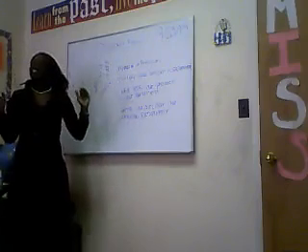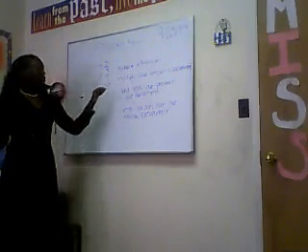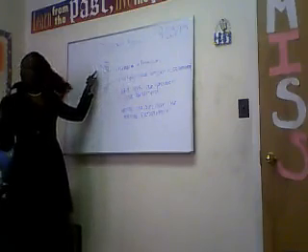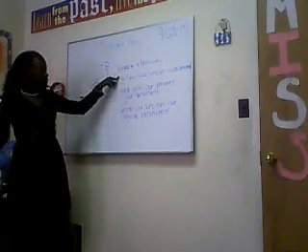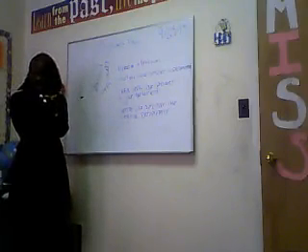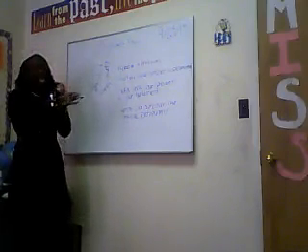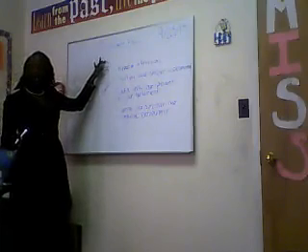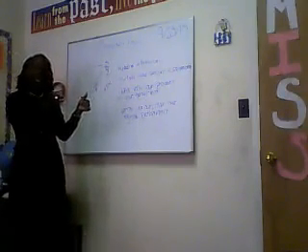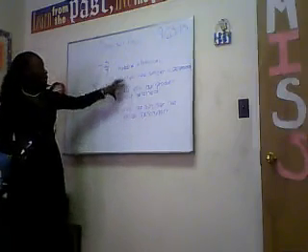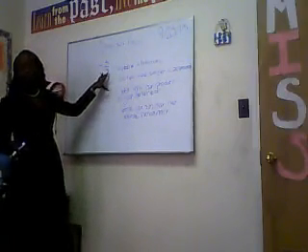If you want to turn a mixed number into a fraction, you multiply your whole number by your denominator. The product that you get, you add it to your numerator. Take the whole sum of what you just added and put it over your original denominator.